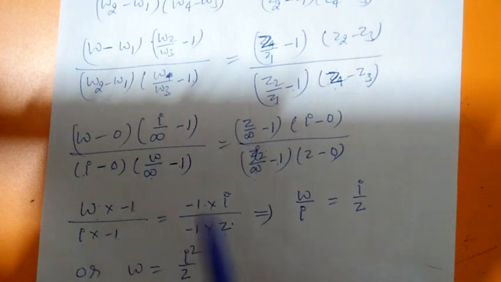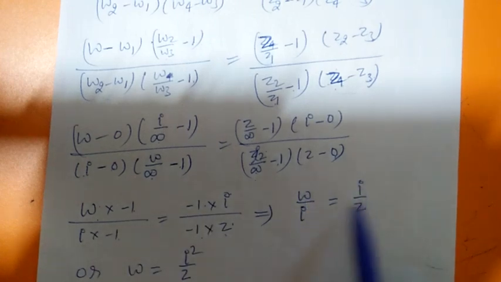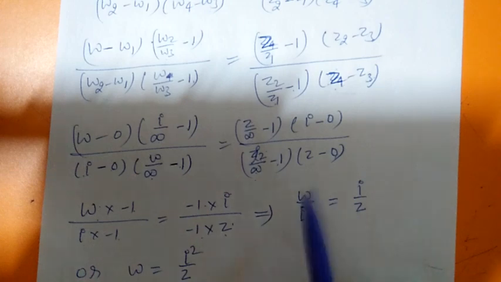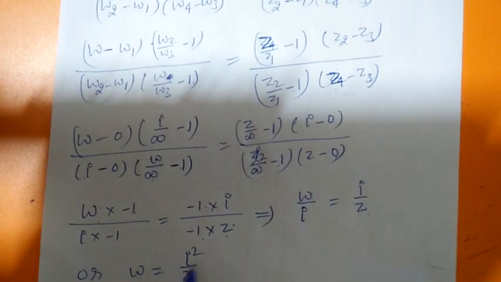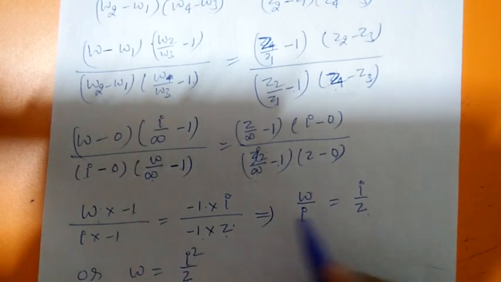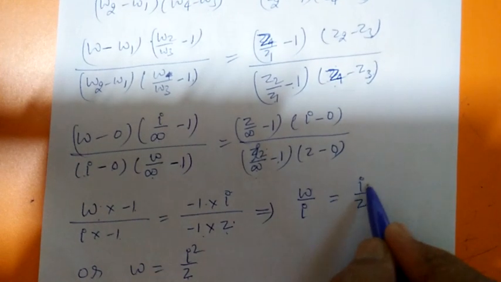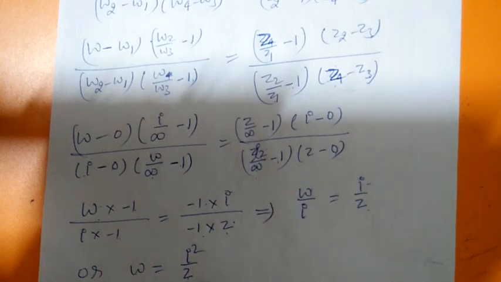After simplification we obtain w upon iota is equal to iota upon z, and using cross multiplication, we obtain w is equal to iota square upon z, that is this iota multiplied on the right hand side, then iota square upon z. And as we know that iota square is equal to minus 1, so w is equal to minus 1 upon z, which is a negative inversion bilinear transformation.